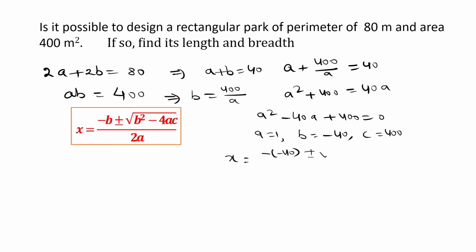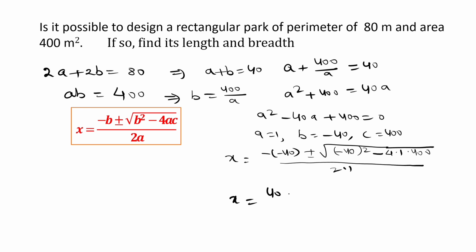Now substituting in the quadratic formula, we get x is equal to minus b, meaning minus of minus 40, plus or minus under root b square, that is minus 40 whole square, minus 4 times a, that is 1, times c, that is 400, over 2 times a, that is 1, is equal to 40 plus or minus under root 1600 minus 1600 over 2.